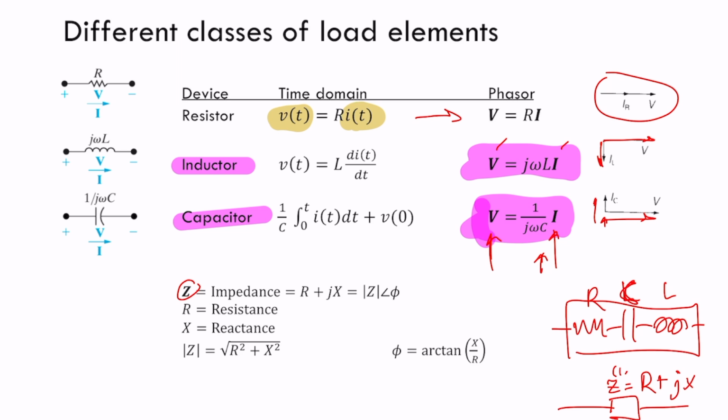Those elements, like this part is for the complex part of this impedance, and this R is the real part of the impedance. This complex part of the impedance is called reactance, and this reactance has to do with those capacitive elements and these inductive elements.